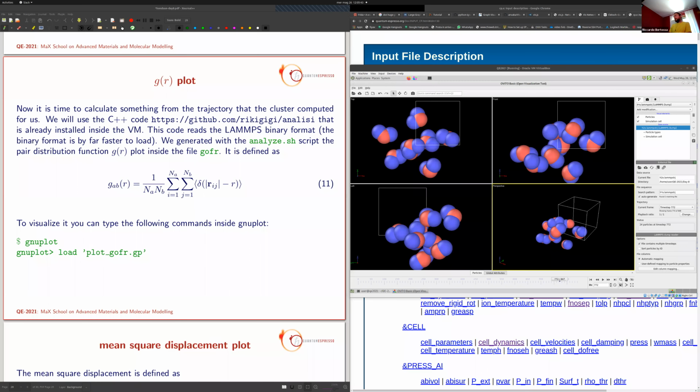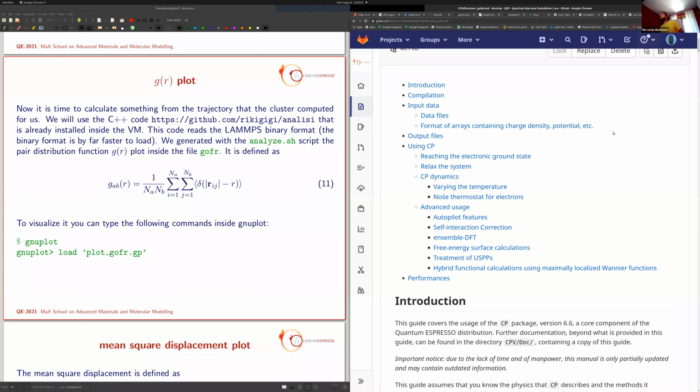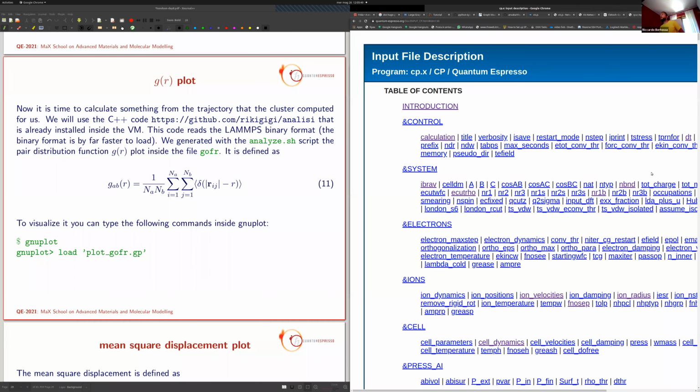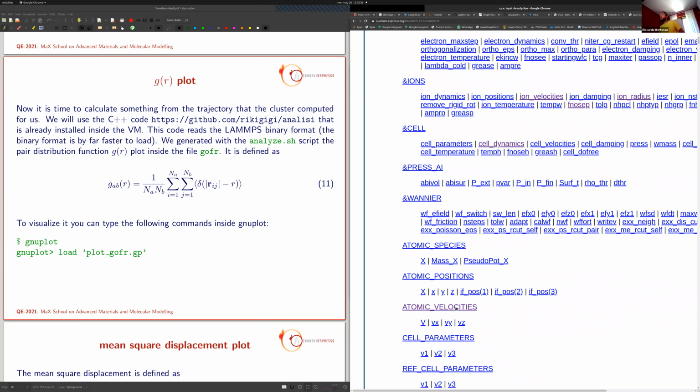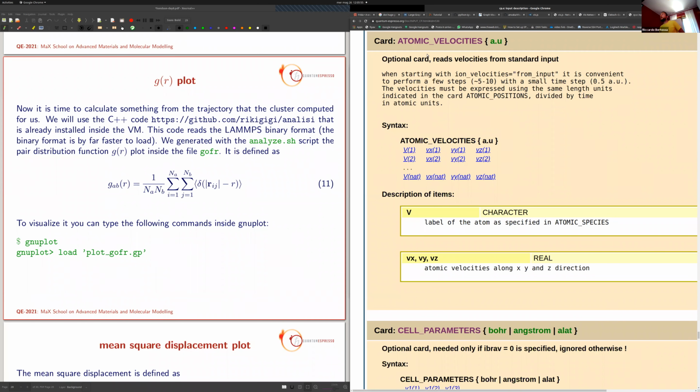Be aware that the units of the velocities are somewhat tricky. What are the units? Atomic velocities, as you can see here. The velocity has units of position, a unit of length over a unit of time.